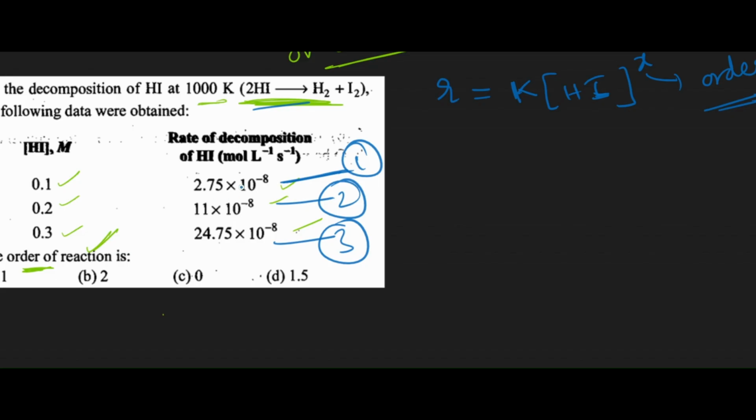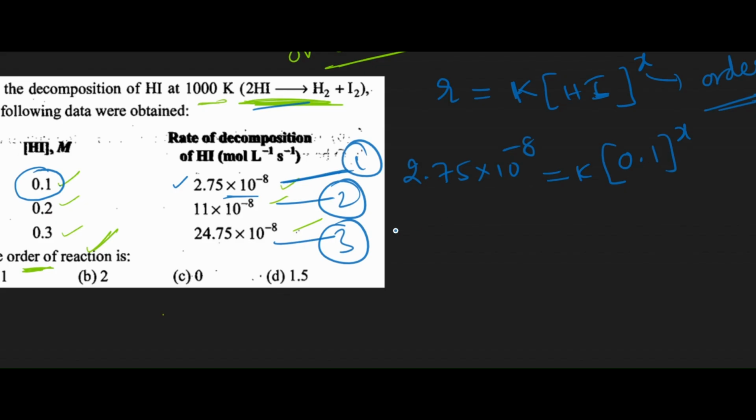Now based on the data, if we substitute, for example from equation 1, the concentration of hydrogen iodide is taken as 0.1. With respect to that, the rate we have got is 2.75 into 10 power minus 8, which is equal to k into 0.1 to the power of x.